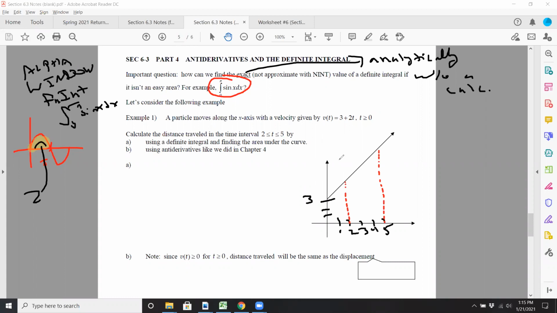If you plug 2 in, I think you get 7. So obviously I'm a little off with my tick marks on the y-axis. And I plug 5 in, I get 13.